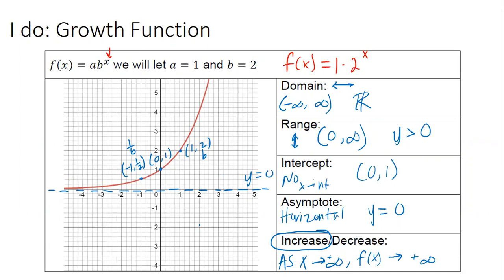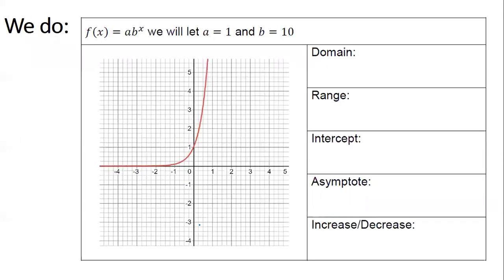Yes? All right. So what I would like for you to walk me through here is that we're now looking at this one. So we have f of x equals a b to the x. But this time, a is still 1. So because a is still 1, what we just said still should hold true, right? But this time, b equals 10.